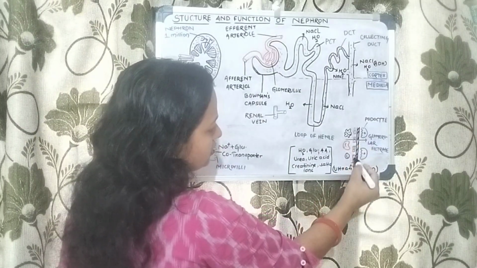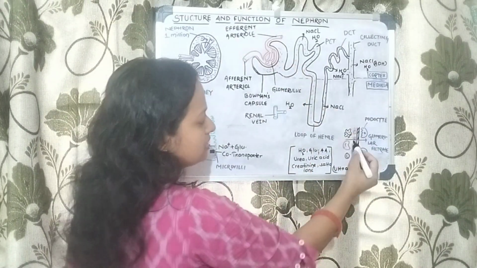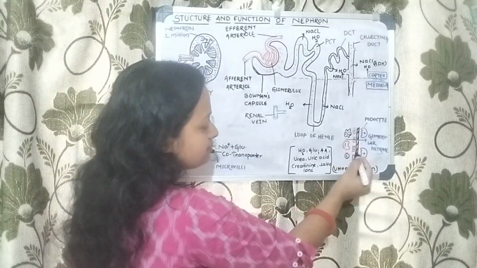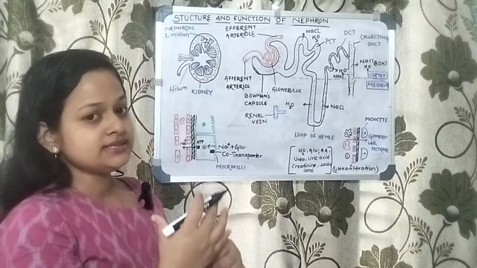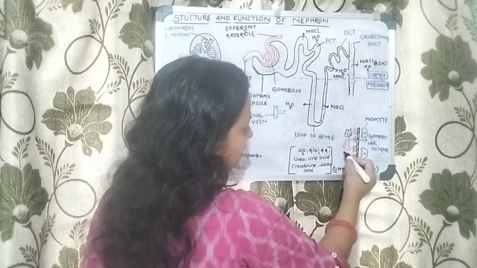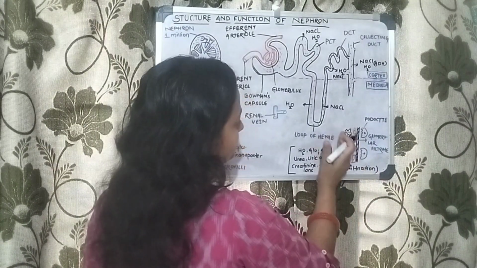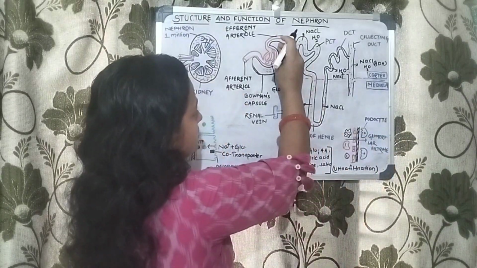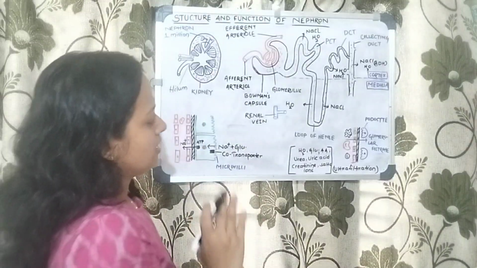You can see the blood capillaries of the glomerulus are formed of endothelial cells, and they have some gaps between them, and due to this high pressure of blood, the substances migrate from the capillaries into the lumen of the Bowman's capsule.